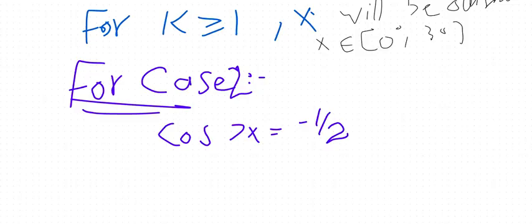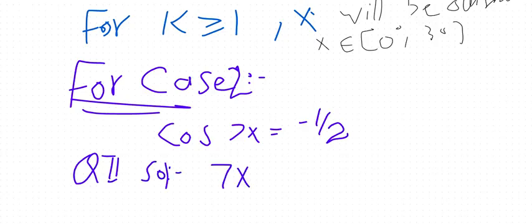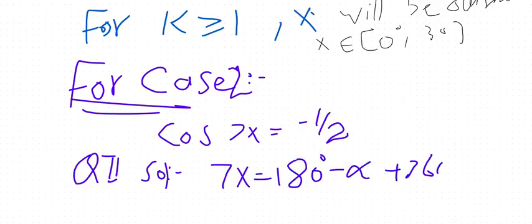So for the second quadrant, the solution will be 7x equals 180 degree minus alpha plus 360k degree.